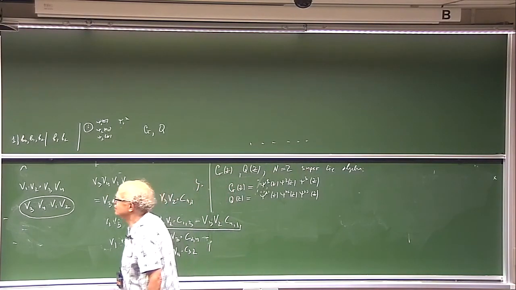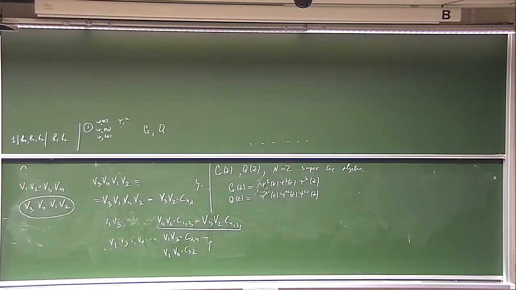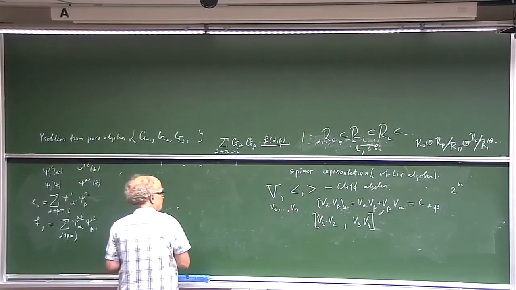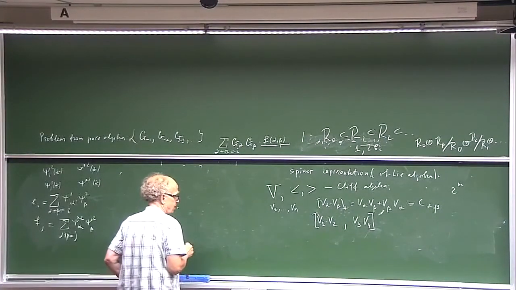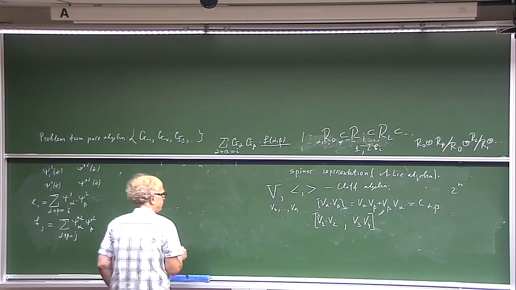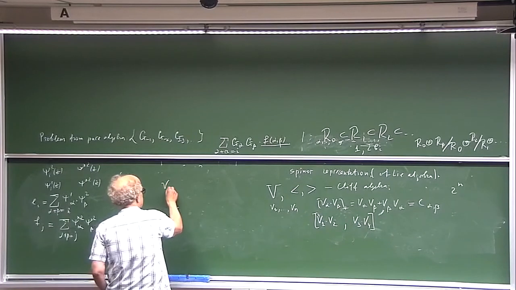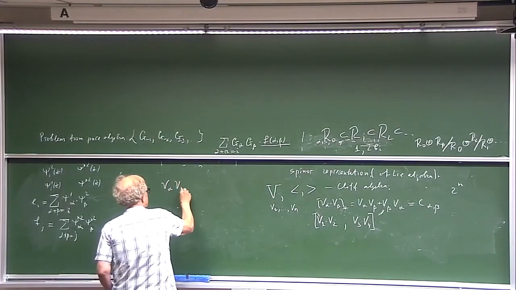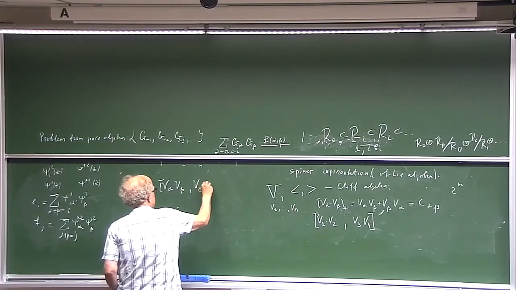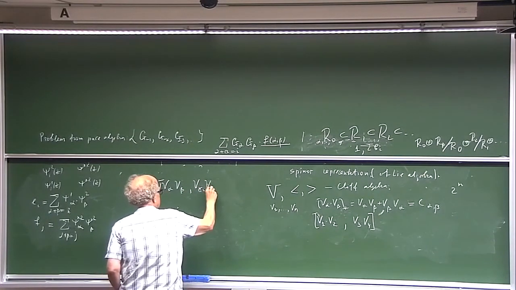So therefore, what conclusion can we make after that? The conclusion is the following. We have Clifford algebra. And in the Clifford algebra, we have quadratic V alpha, V beta, and then V gamma, V delta.